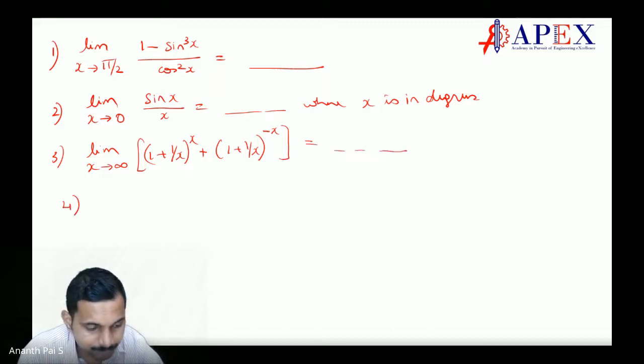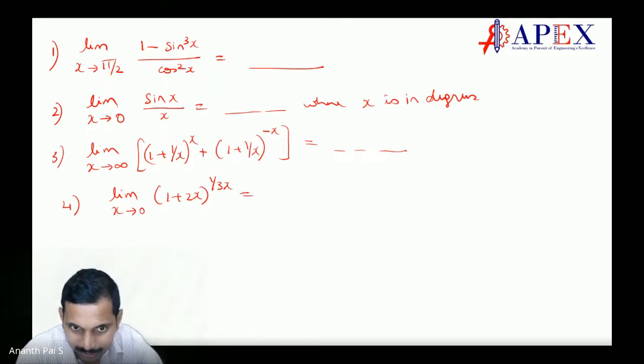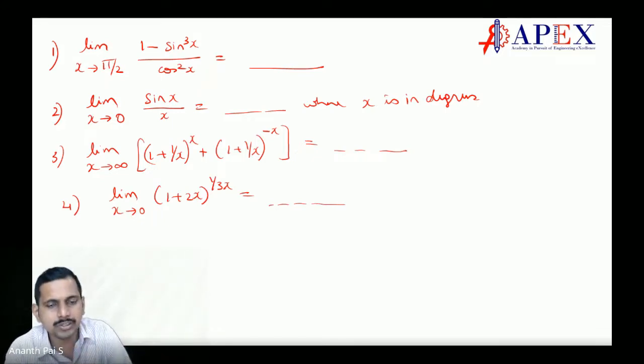Fourth one is limit x tending to 0, 1 plus 2x raised to 1 by 3x is equal to e power dash. Okay, what are the answers? You can do it. Once you finish writing this, then I'll go back.